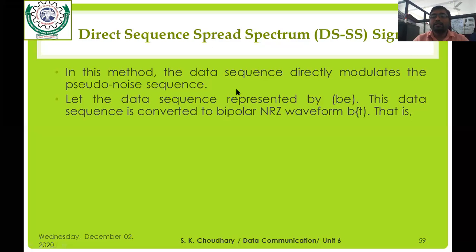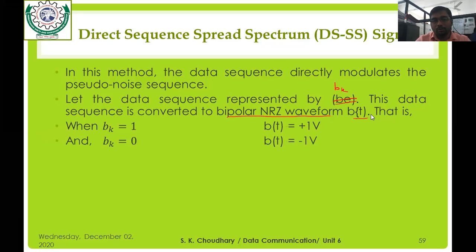Let the data sequence be represented by bk, and this data sequence is converted into a bipolar or polar waveform, that is b(t). That is, bk equal to 1 means b(t) is equal to +1 volt, and bk equal to 0 means b(t) is equal to -1 volt. That is a polar waveform.